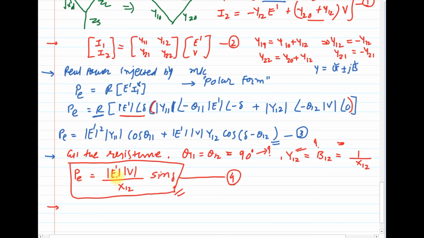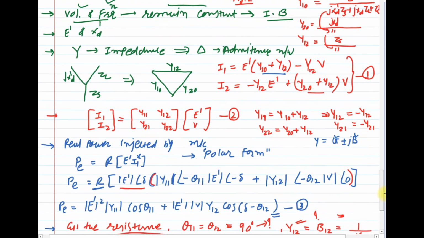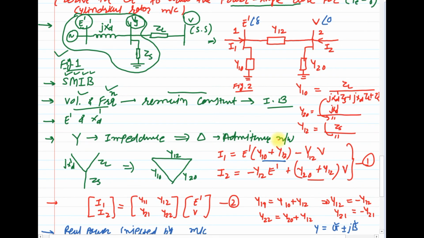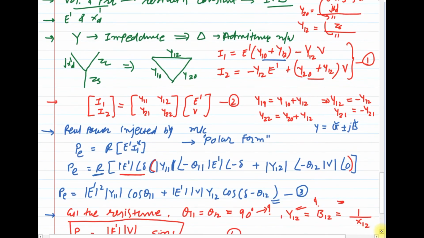Clear? So as we have considered that the machine is connected to the infinite bus, and the characteristic of the infinite bus is that voltage and frequency remain constant.